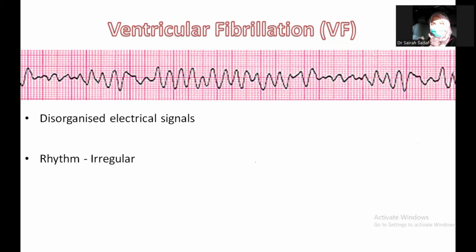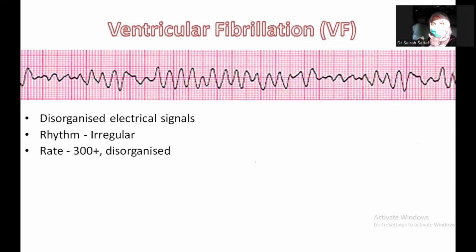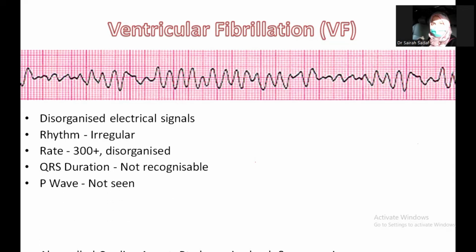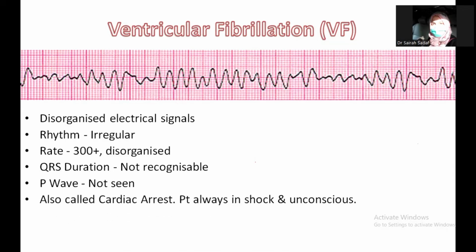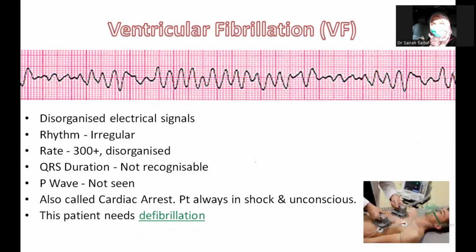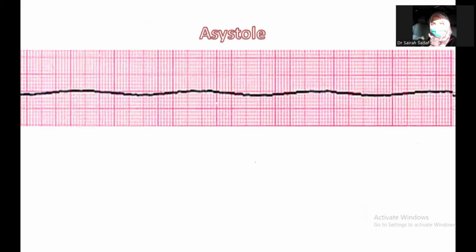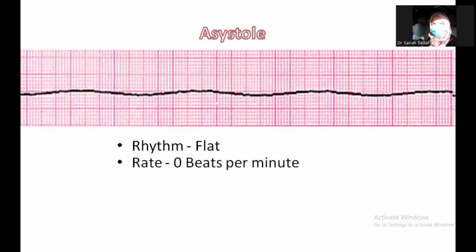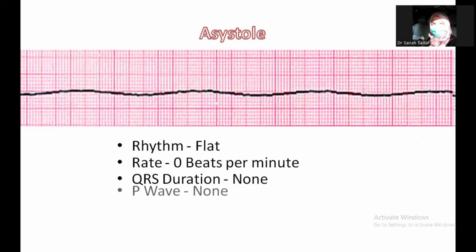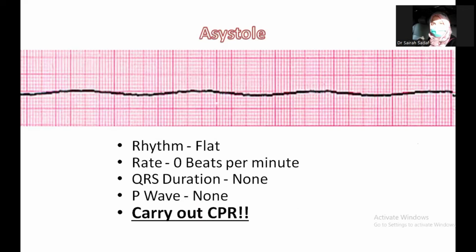Disorganized electrical signals, rhythm irregular, rate more than 300, disorganized, unrecognizable QRS complex, duration not recognizable, P wave not seen. Also known as cardiac arrest, patient always in shock and unconscious and needs immediate defibrillation. This is asystole. Rhythm flat, no rhythm, 0 beats, no QRS, no P wave, start CPR.